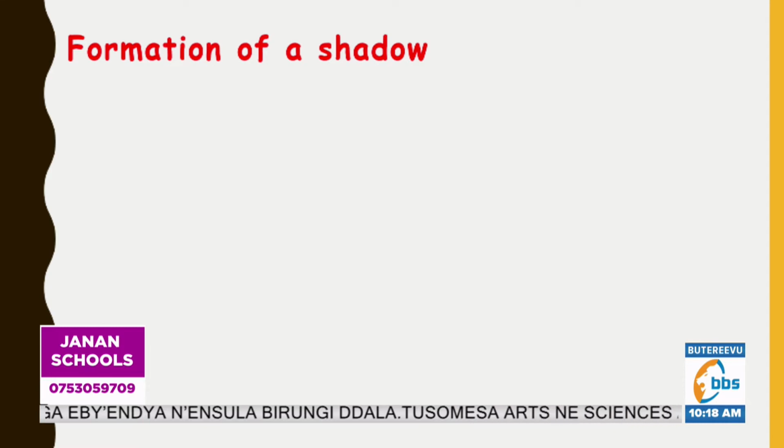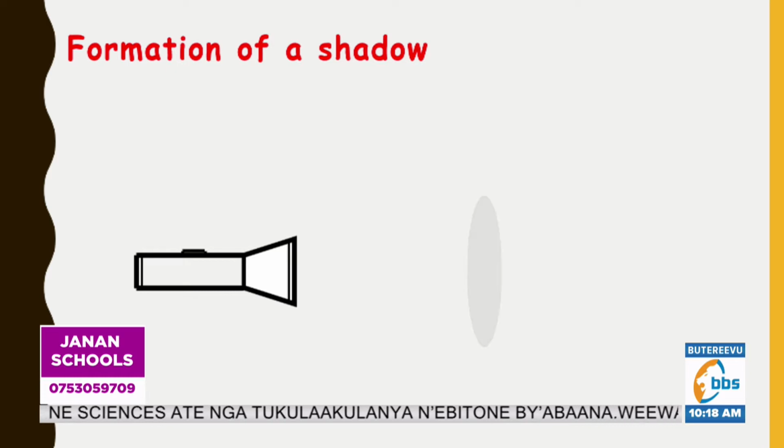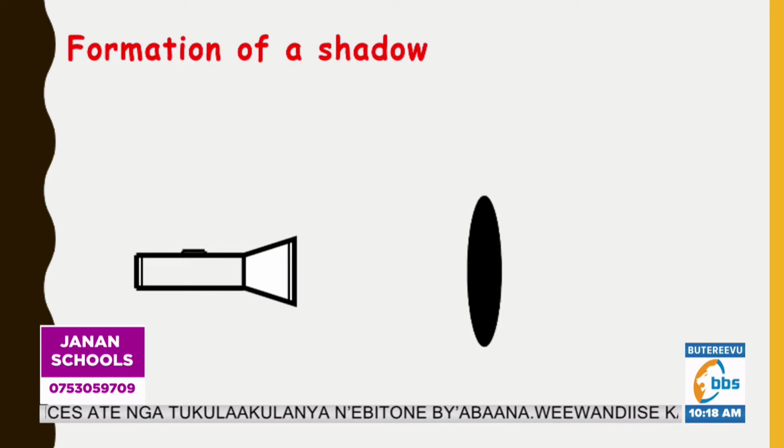Let's start with the torch and see how shadows are formed. Now, if you have a torch and you close the switch, then the circuit will be complete and it will produce light.